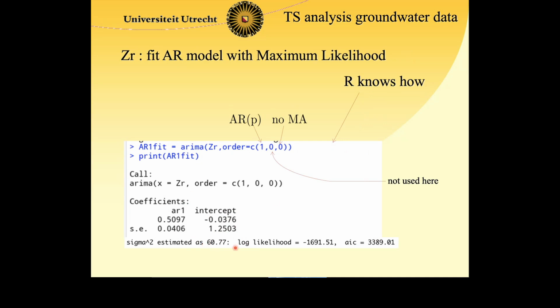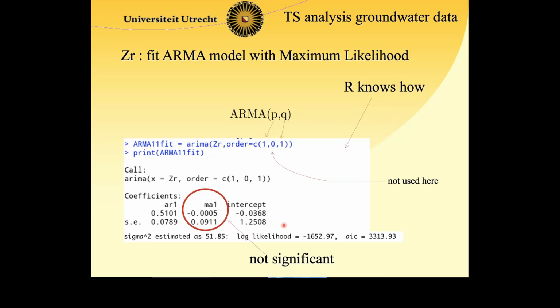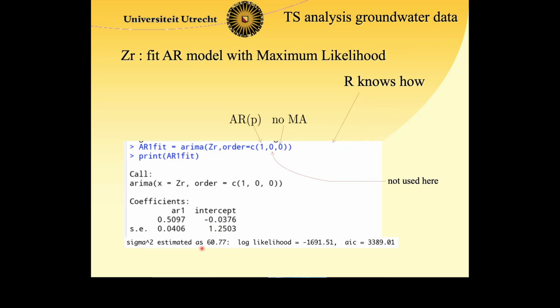Of course, we see that the variance of the residuals is a little bit larger. But we accept that, because the other model seems to be doing better, but it has a non-significant parameter in it. It means that the risk of making an additional error for extrapolation is way too large to accept that one. So we're going to use this.